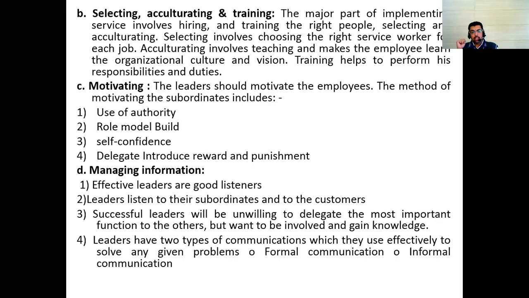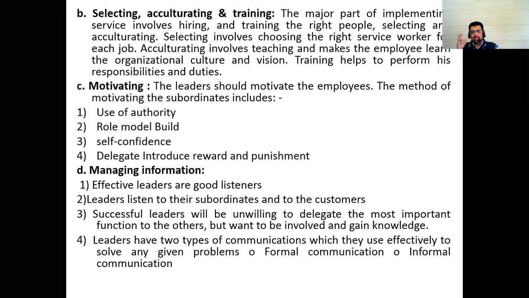Then the third one, which is also very important in organizational structuring, is to motivate all the employees in order to take any work from them. The real leader should motivate the employees. The methods of motivating subordinates include use of authority. As a real leader, you need to use that authority, and you should also give authority to the other subordinates to take decisions. Build a role model.